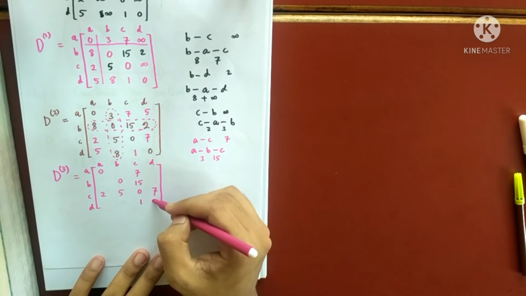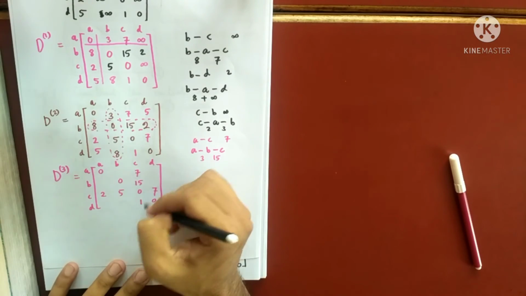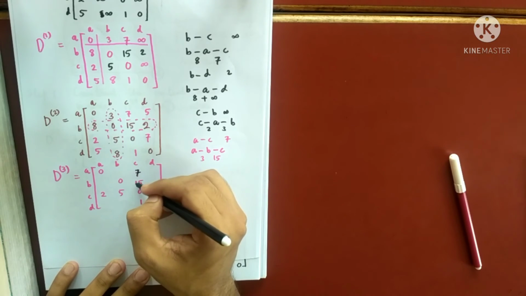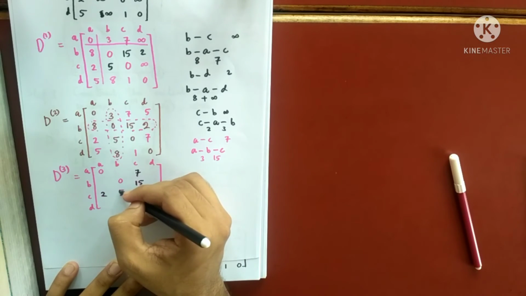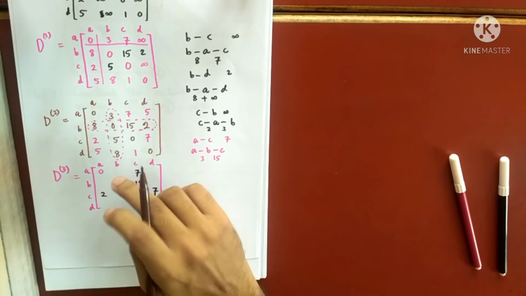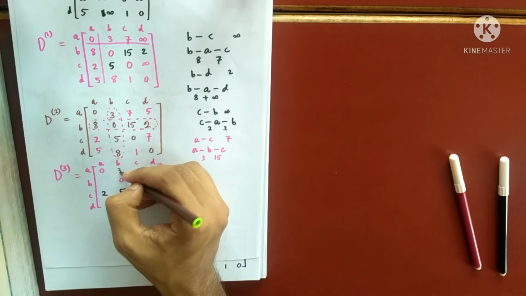Okay, now remember one thing, everything will be made up of sum of these two, this one and this one. So let me write with a different color pen, that will be better now. Yeah. So everything will be the sum of this row and this column. Let's fill up very quickly. So what is this? It is 7 plus 5, 12. Initially it was 3. No need to change.